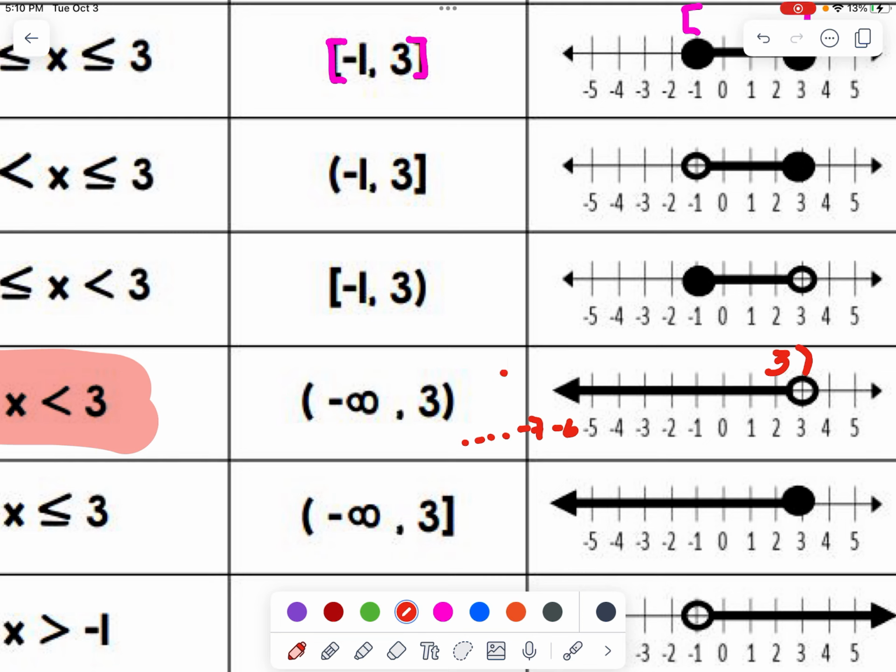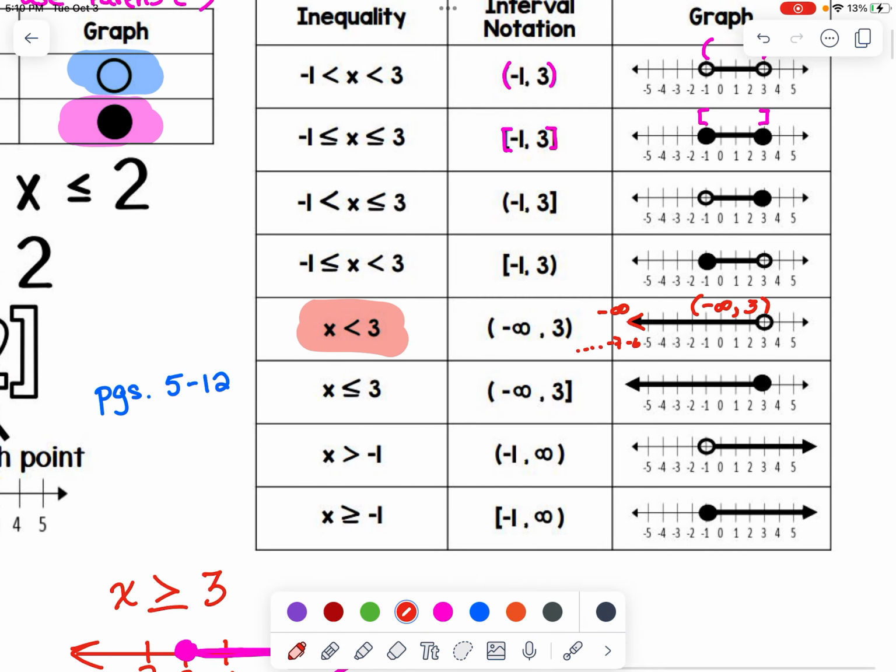That's our negative infinity side. So we're going to go comma and then negative infinity for this tail. Infinity signs always get parentheses. So that's how we get interval notation going left and right.